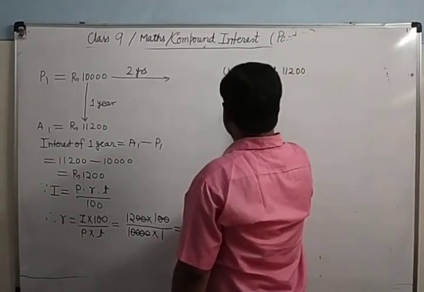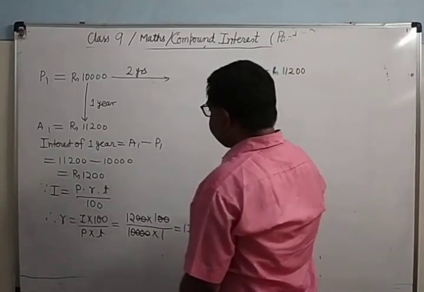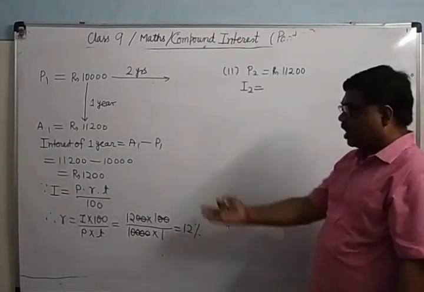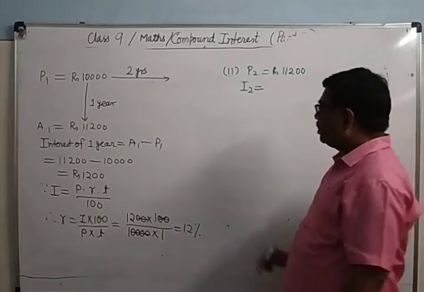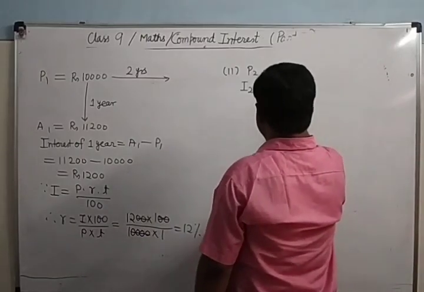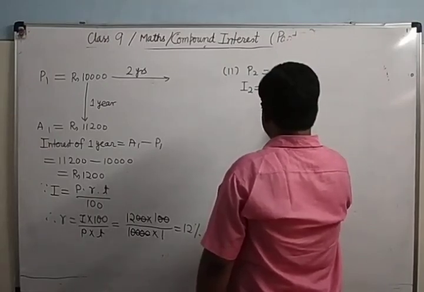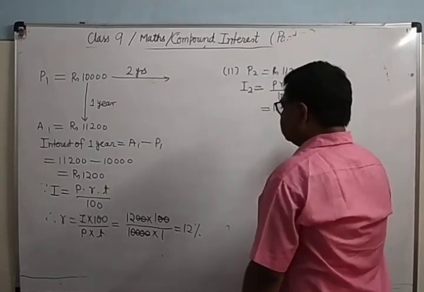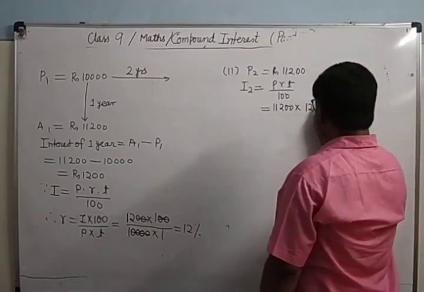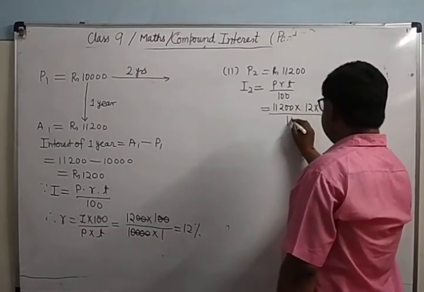So what is I2? Now you can calculate I2. How will you calculate? PRT upon 100, R you have calculated. So it will be equal to 11200, rate is 12, time is 1, divided by 100.